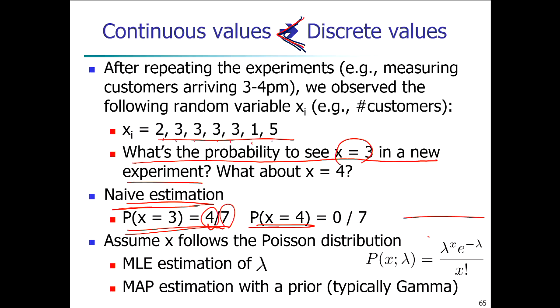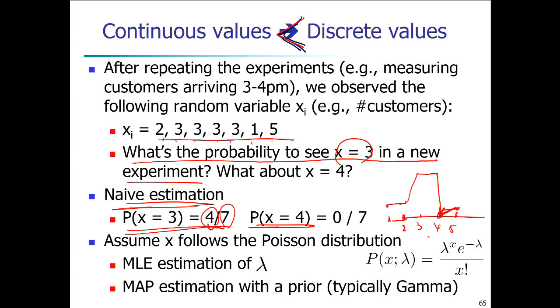If you really plot the whole thing using MLE, with 1, 2, 3, 4, 5, the PDF you will get is something like 1, 1, then jump to 3, and to 0. Because 4 is very small, and 1 and 2 are small, the 3 is high, and the 5 is okay.